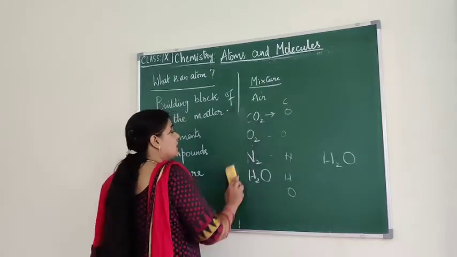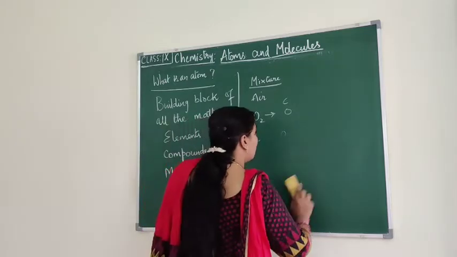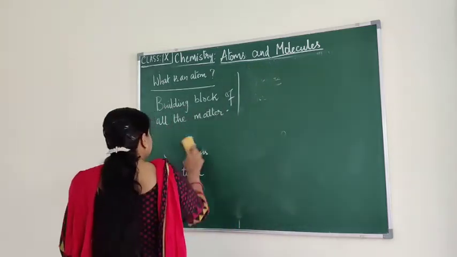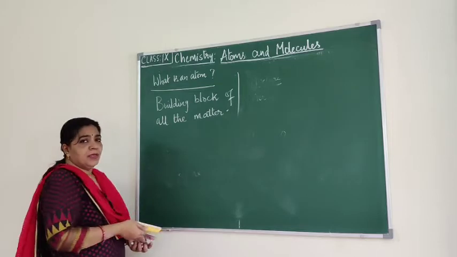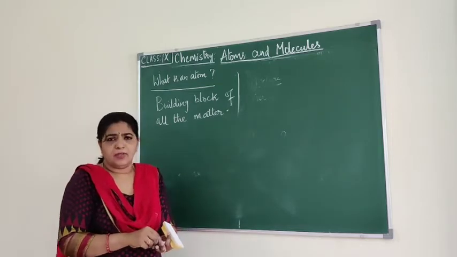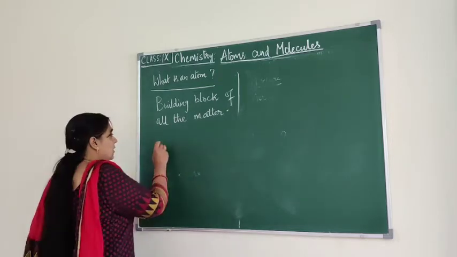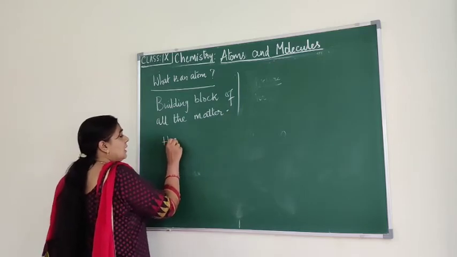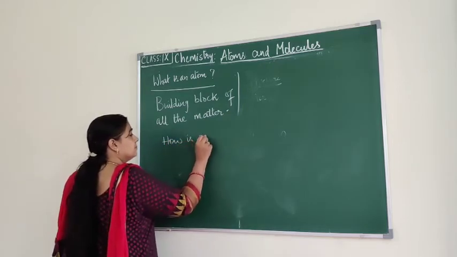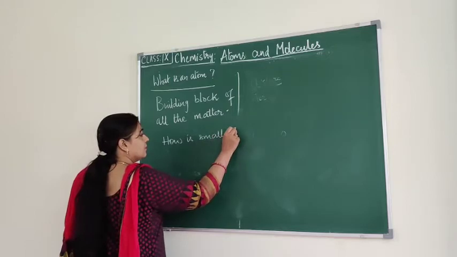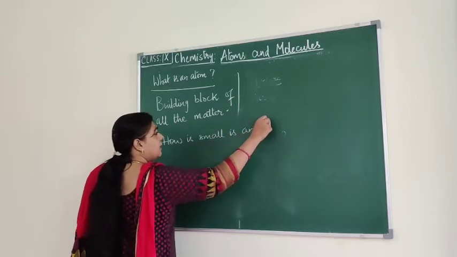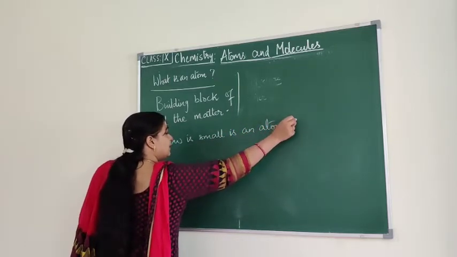Now, what is the size of an atom? How small is an atom? We cannot see an atom. They are so tiny. So let us see how small an atom is. An atom is very tiny.